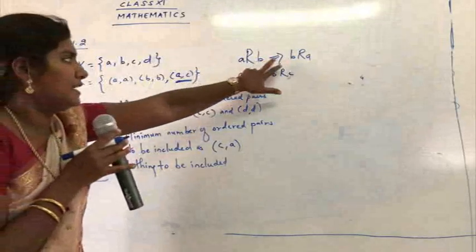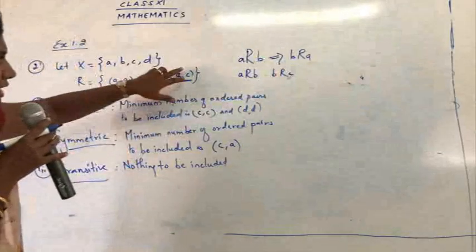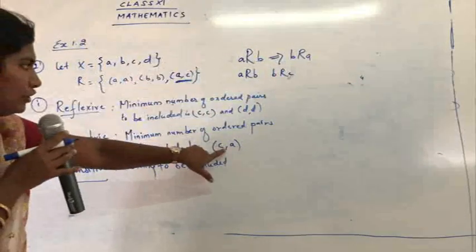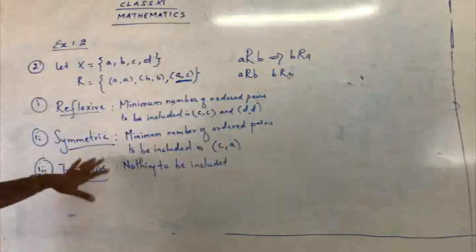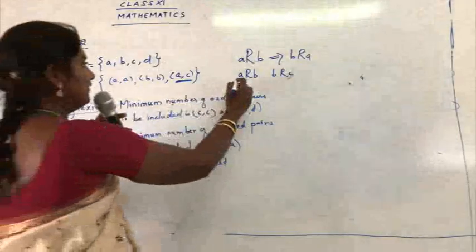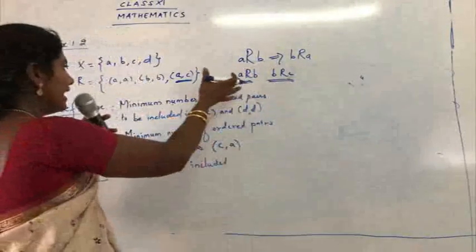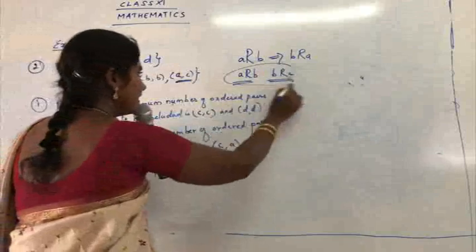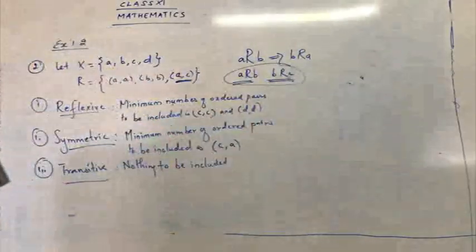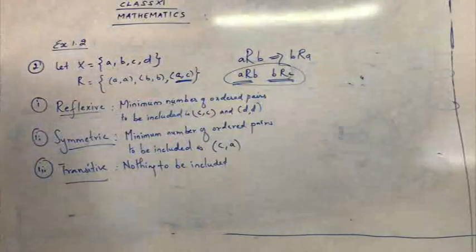A related to B implies B related to A. AC was present in the relation, so CA is to be included to make it symmetric. But for transitivity, I need some condition dealing with three elements, like A related to B and B related to C. But we don't have a pair satisfying this type of condition. So we say nothing to be included.